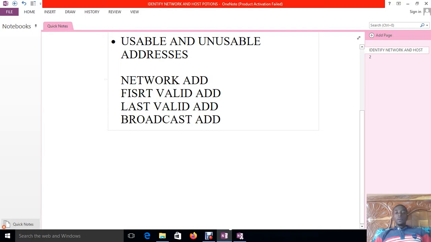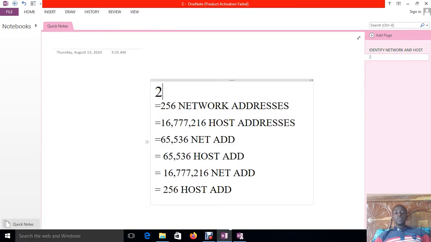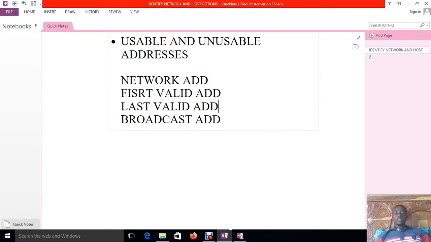Okay, now there is something that we did right here. If you look at it, we did some calculations, and here we are saying the number of hosts. Now, whenever you have a particular network, you have a network address and then you have a broadcast address. These 2 addresses are not usable.